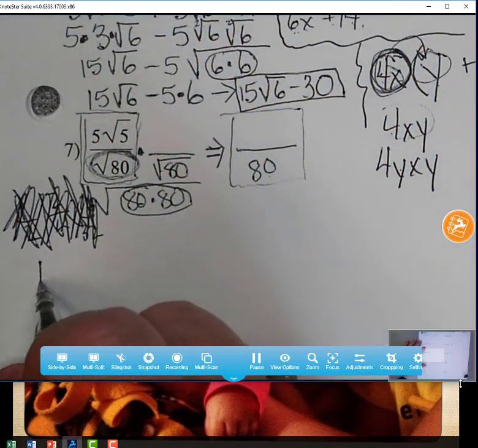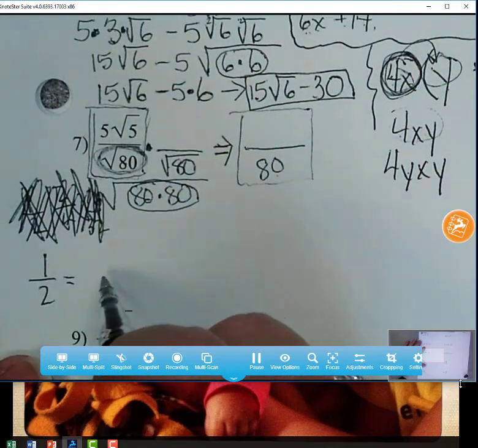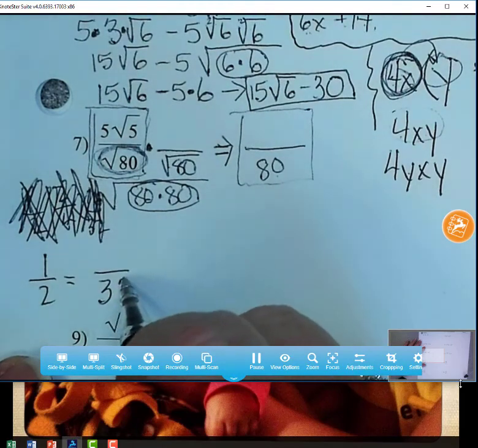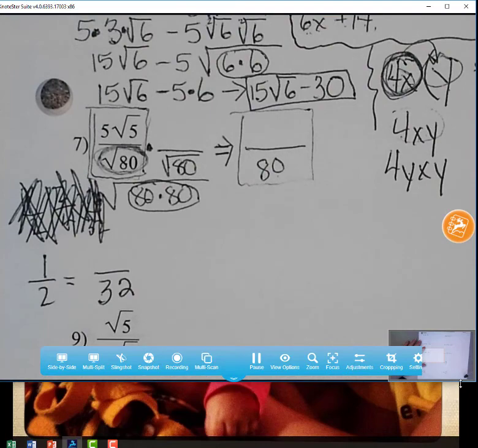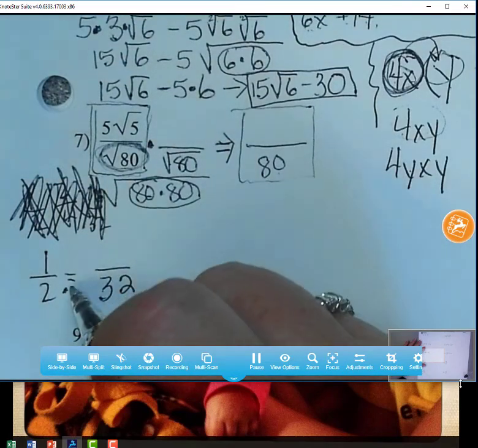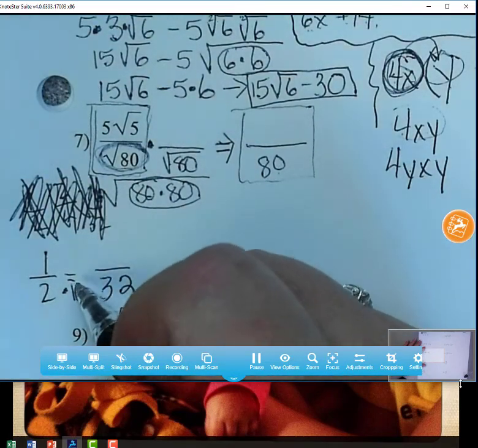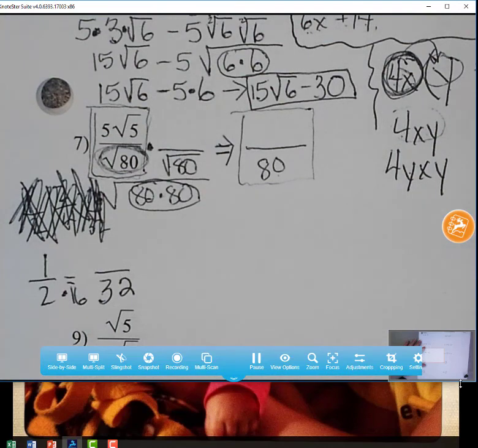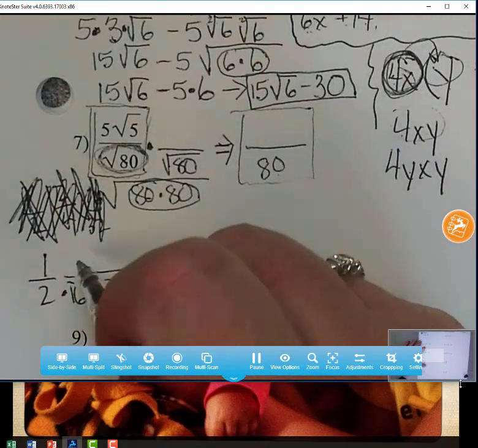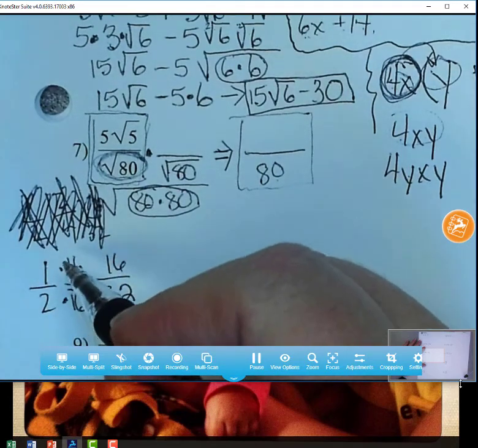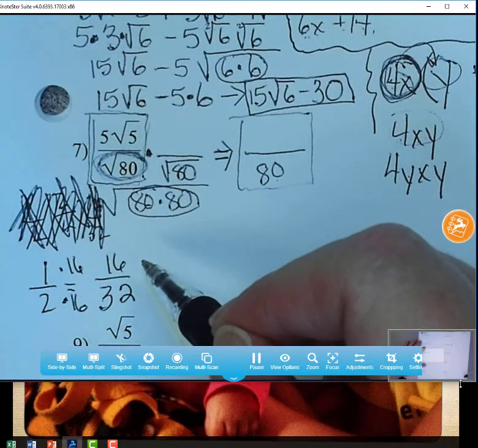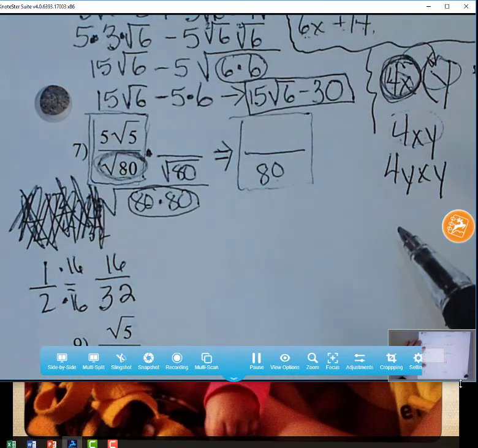So let me ask you, if I was going from 1/2 into something over 32, how does 2 change into 32? What did I do? I multiplied it by 16. Oh, if I multiply this by 16, what else do I need to multiply? The numerator. 1/2 is the same amount as 16 over 32.